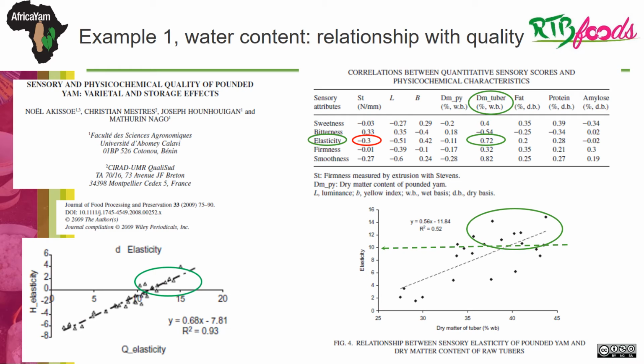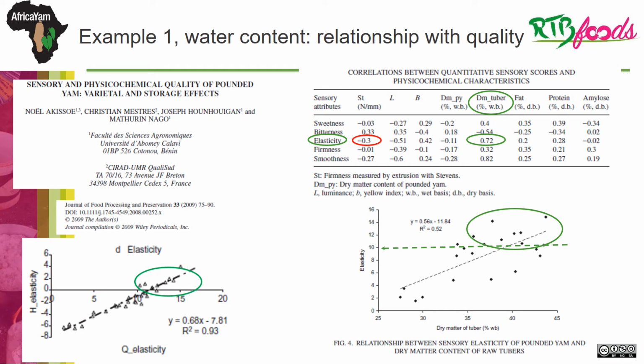Also, in this study, you can see that there was no correlation between the sensory elasticity and the firmness measured by extrusion with a Stevens texturometer. So in this case, this texture analysis was not appropriate.